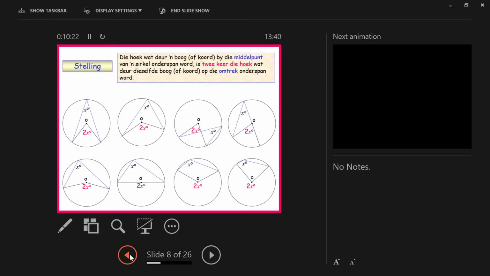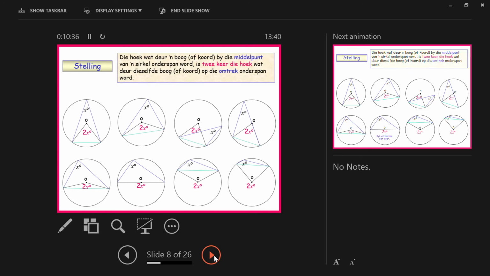Met ander woorde, daai wees x, né? Maar die bewoording sê nou hy kan of deur 'n boog onderspan word, né? So it's either an arc or, and that's what the next one is, a chord. Okay, so dit kan of 'n lyn wees of 'n boog. Dis dieselfde ding, né? Albei van hulle gaan vir jou gee middelpuntshoek is 2 keer wat die omtrekshoek is.